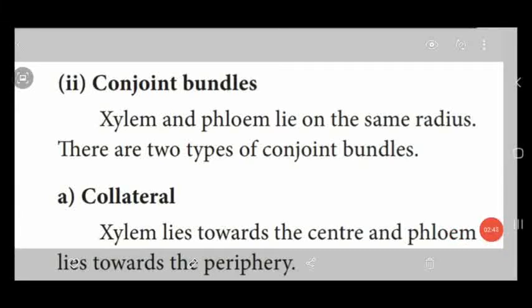Next one, conjoined vascular bundle. This one also we have already seen in the previous video class. That is xylem and phloem are arranged in the same radii, that is single straight line. So this conjoined bundle divided into two types.